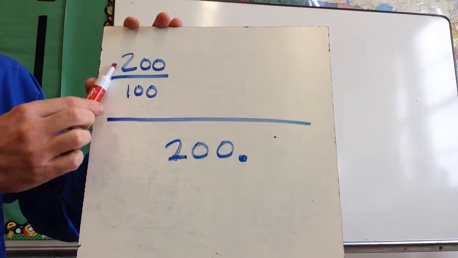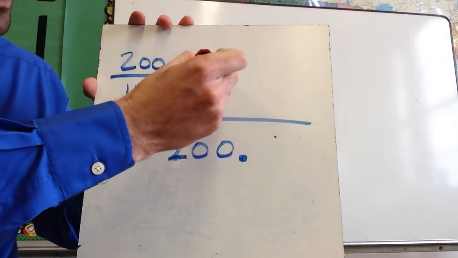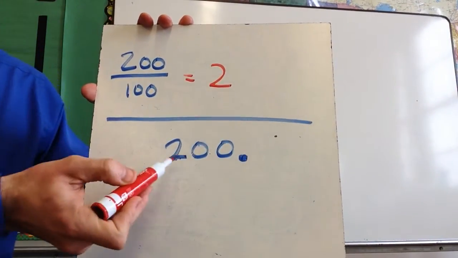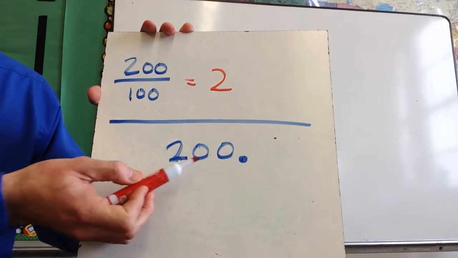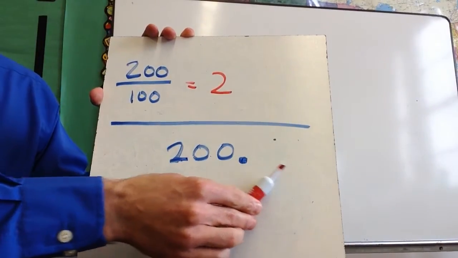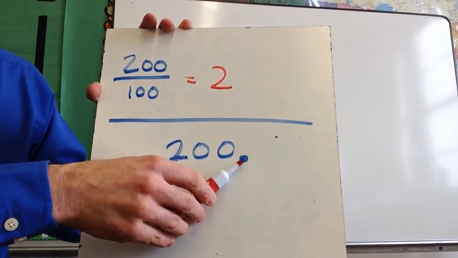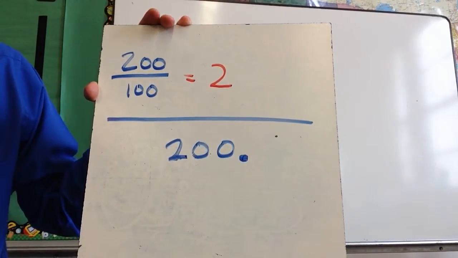So if you take this problem, 200 divided by 100 equals 2. Essentially the jumping the decimal trick is, if I take this number 200, remember that the decimal is on this side of the 200. This is basic place value, so I could put zeros here if I wanted to, going this way. So it would be 0.0000, however many I want. The decimal is to the right of the second zero.